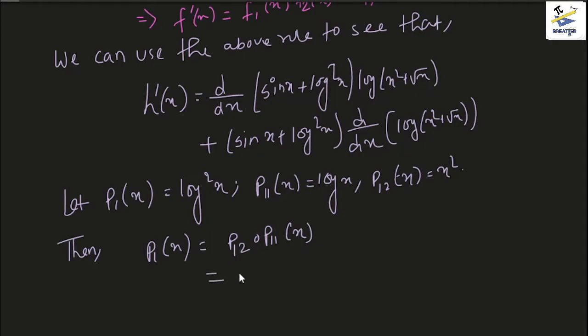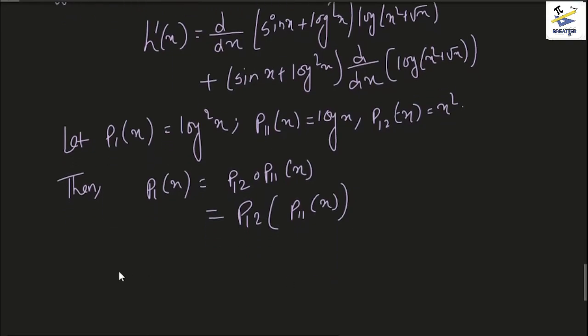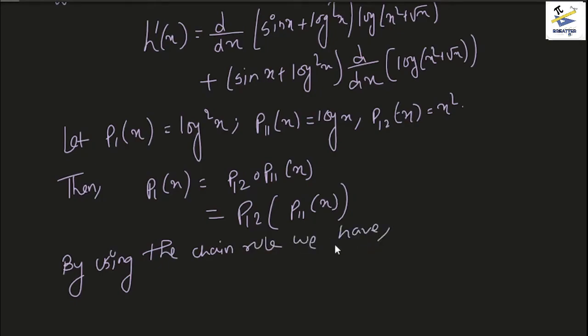So this would mean that this is equal to p12 of p11 x, and by using the chain rule we have p1 prime x equals p12 prime of p11 x into p11 prime of x.